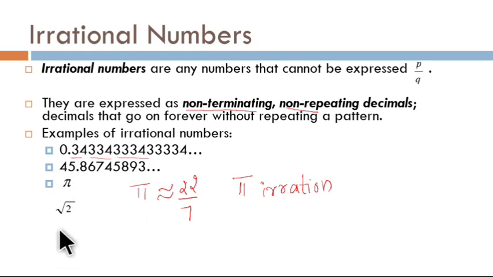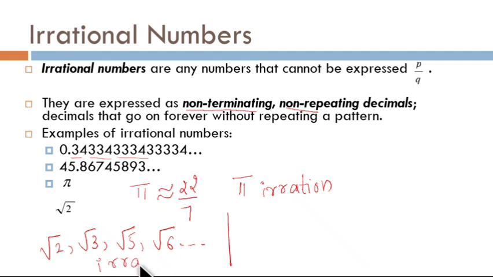Then we have square root numbers. We have many square root numbers, right? Square root of a non-perfect square number, for example square root of 2, square root of 3, square root of 5, square root of 6. These are all irrational. And then which square root is rational? Square root of a perfect square number.